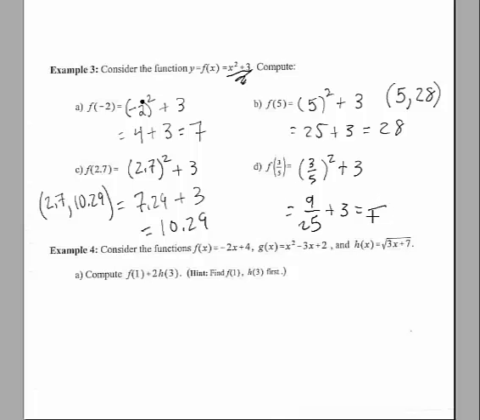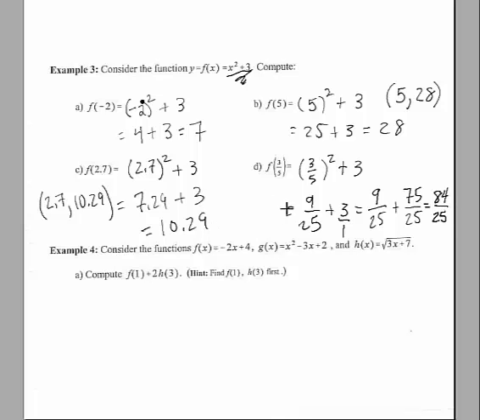So I will use 25 for both fractions. This would still be a 9, and then this 3 had a 1 as a denominator. So I need to multiply both the top and the bottom by 25. This would be a 75. We add the numerators, we would get an 84 over 25.